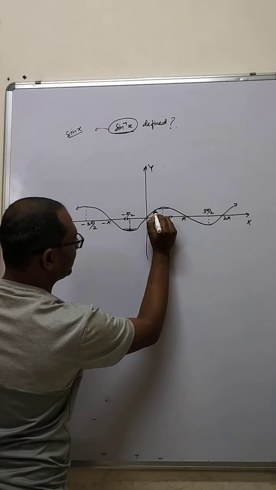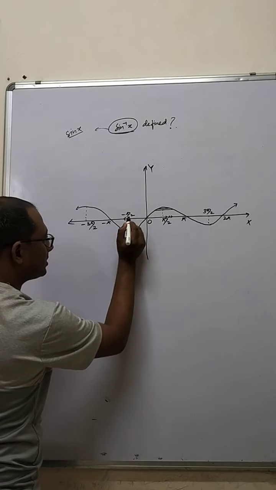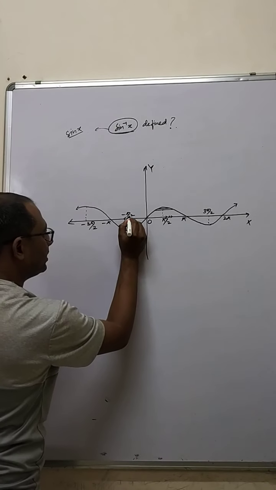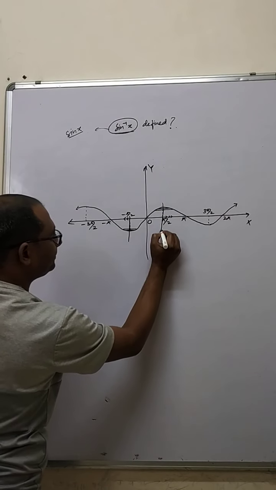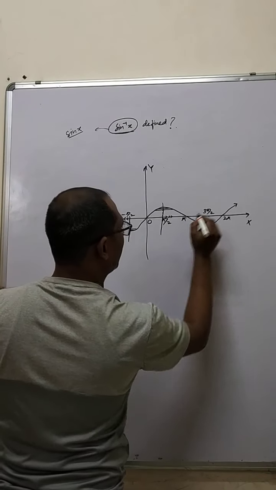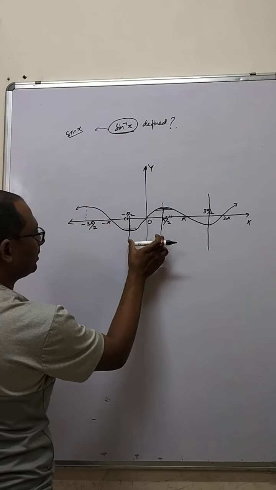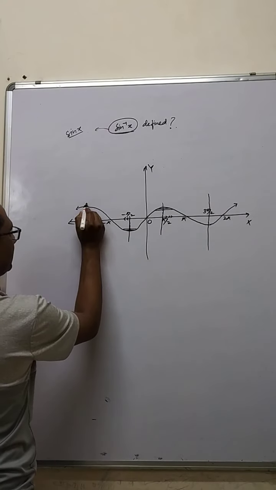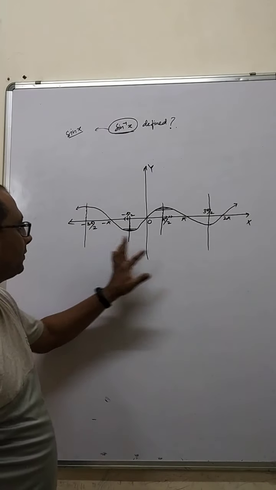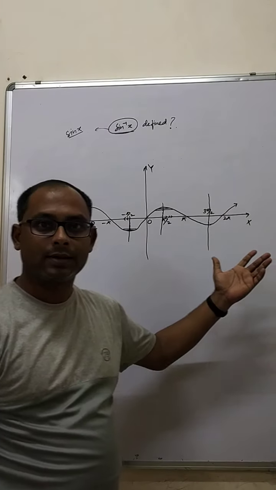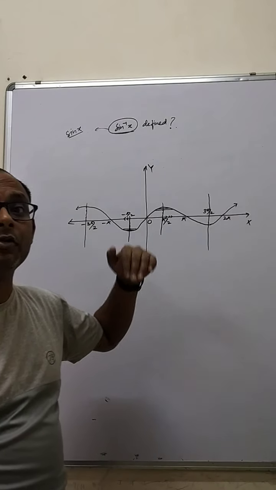The values will repeat. So if we restrict the domain R to one of these intervals, minus pi by 2 to pi by 2, or pi by 2 to 3 pi by 2, this part or this part, the function seems to be 1-1. So one of these intervals will be our new domain.